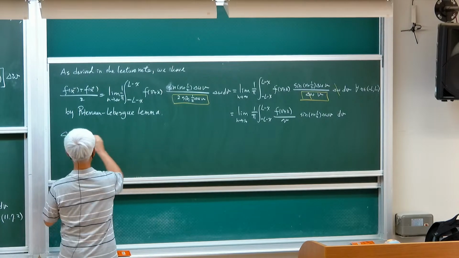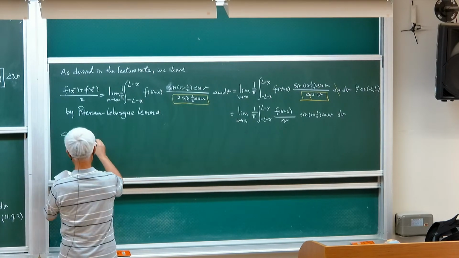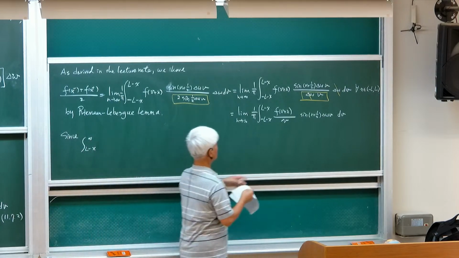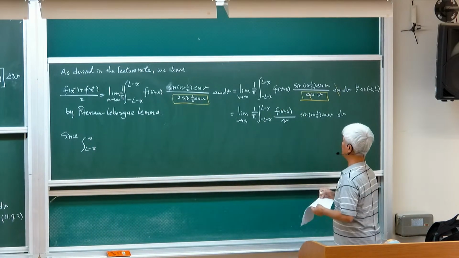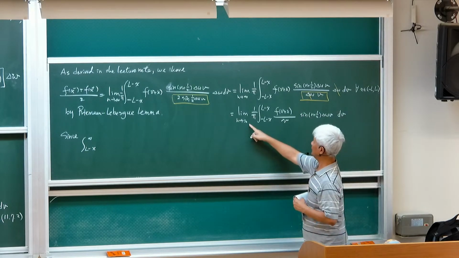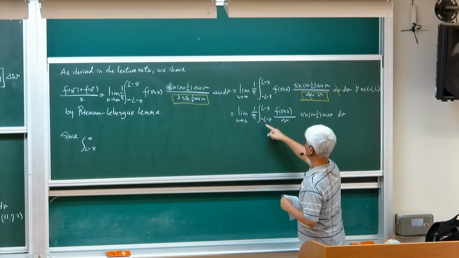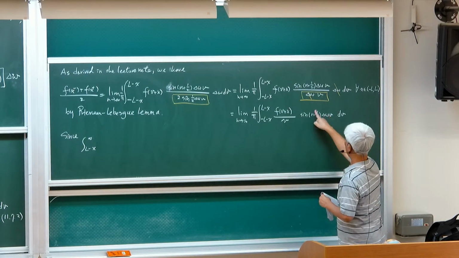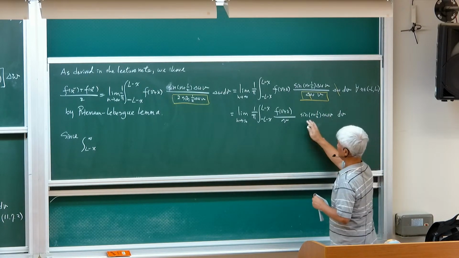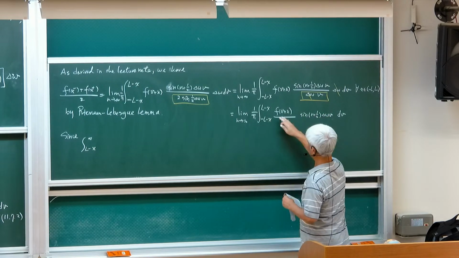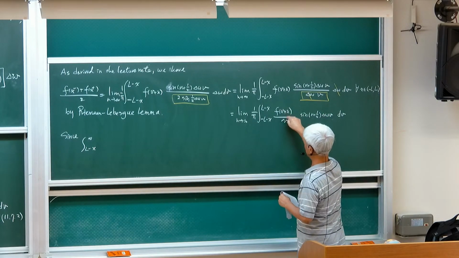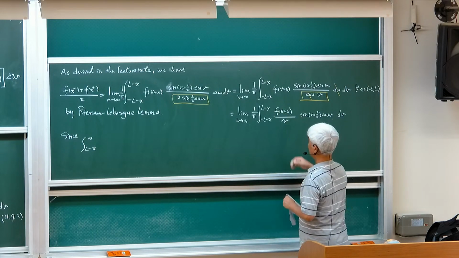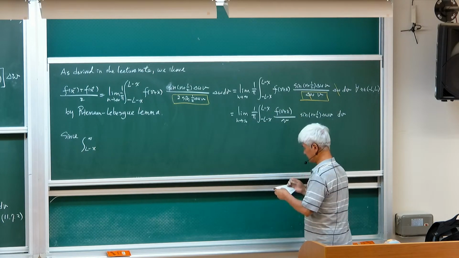Okay. Now we will look at the integral. We want to know, as n goes to infinity, if this is absolutely integrable over the interval, then this limit will go to 0.